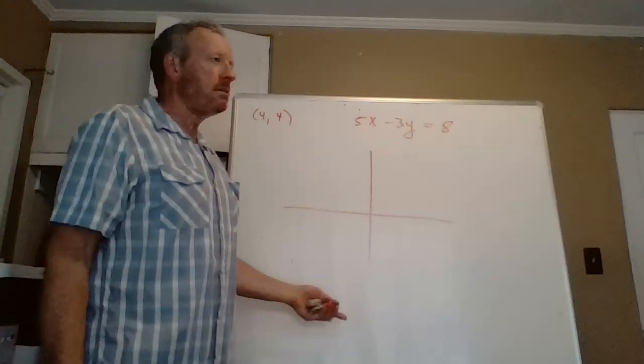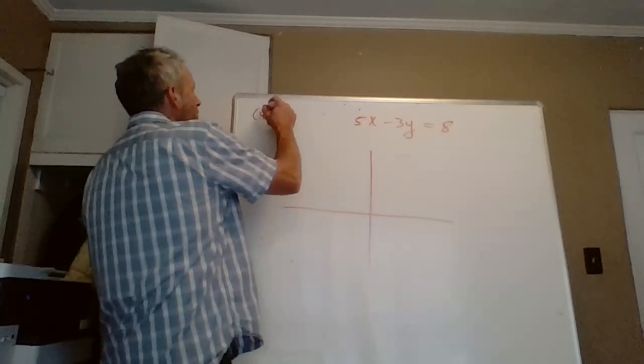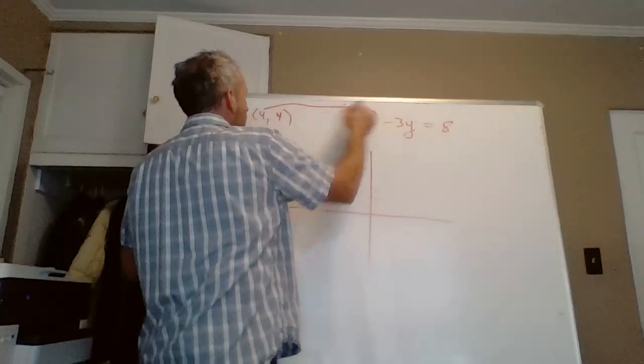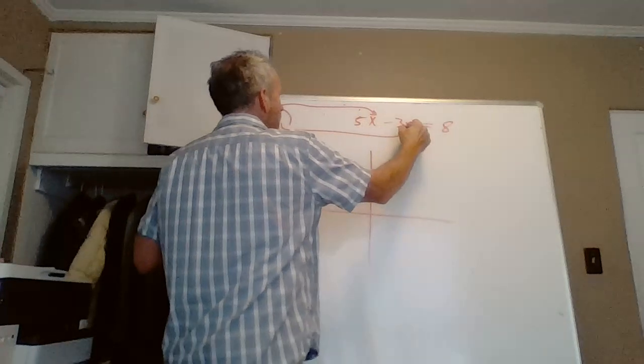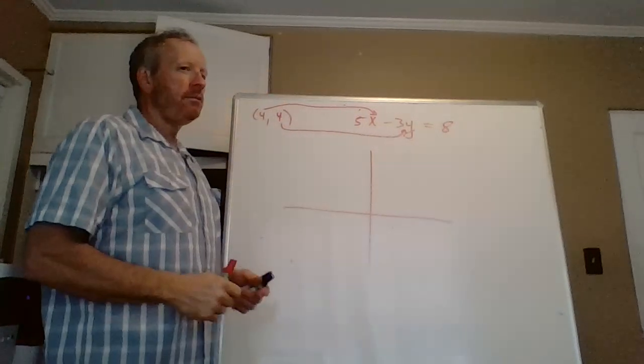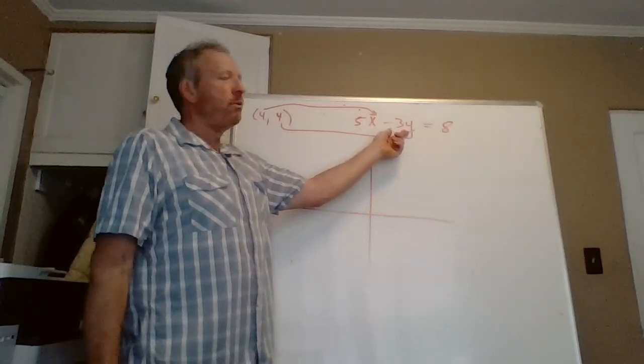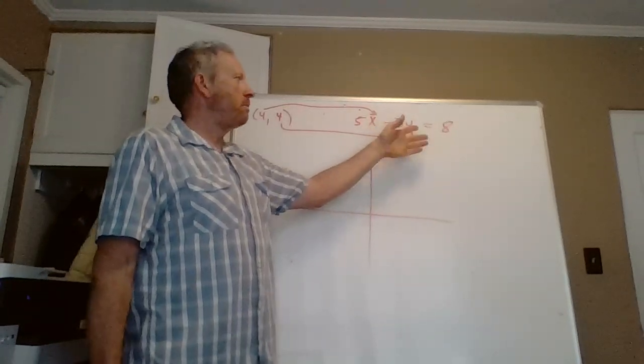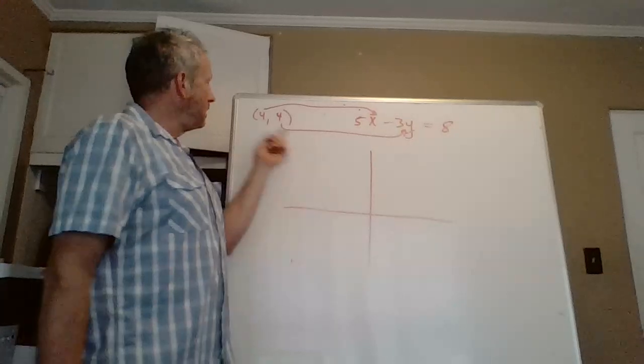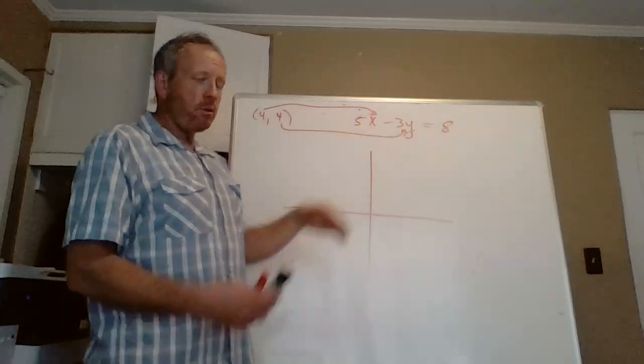Well, is it? If it is, we'd be allowed to put the x coordinate in for x, and the y coordinate in for y, and we should get a true statement. So put a 4 in there, 5 times 4 is 20, put a 4 in there, 3 times 4 is 12, 20 minus 12 is 8, so check. This is a solution for this equation.